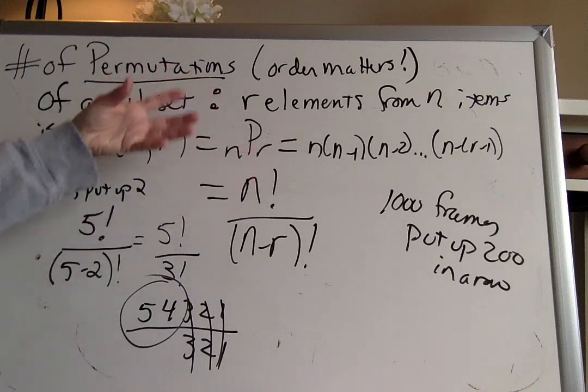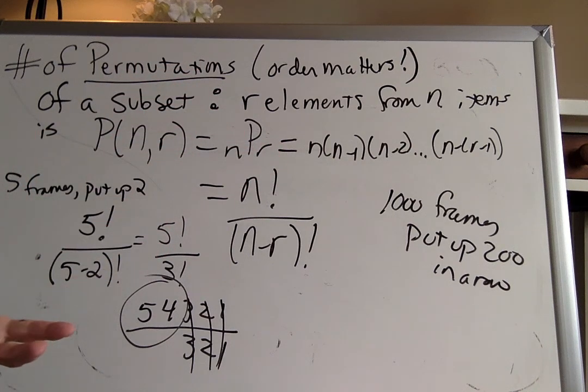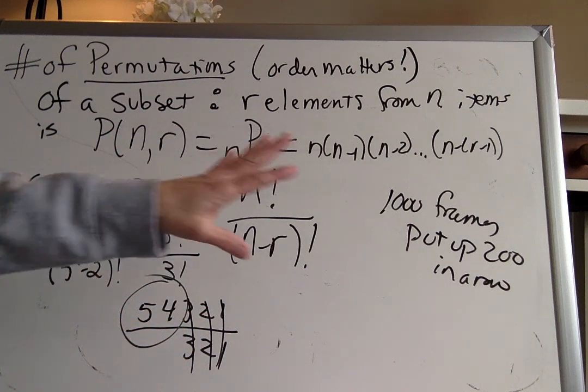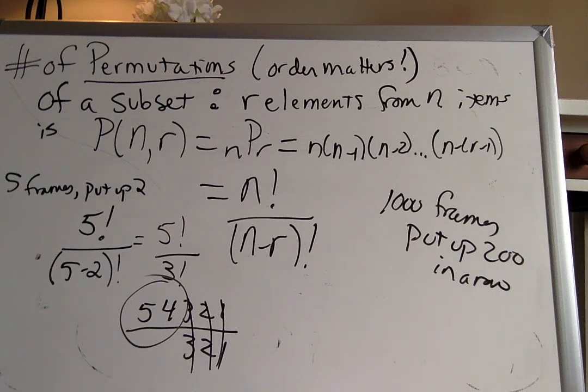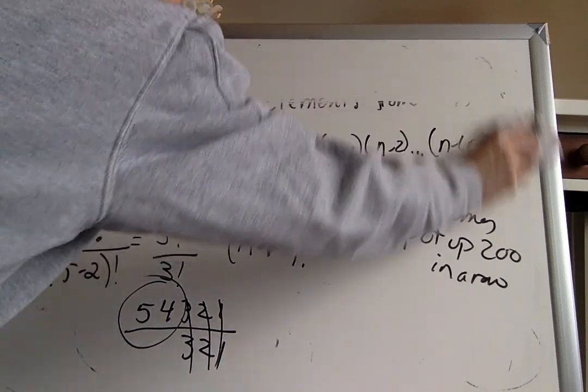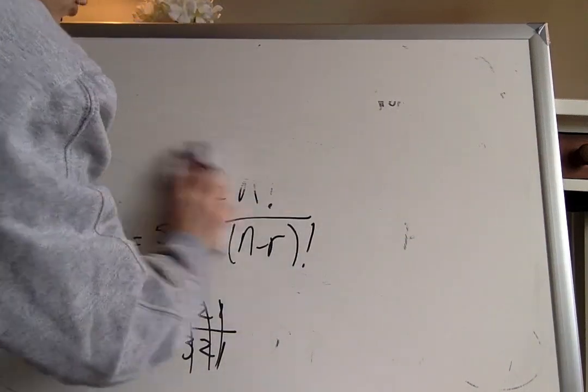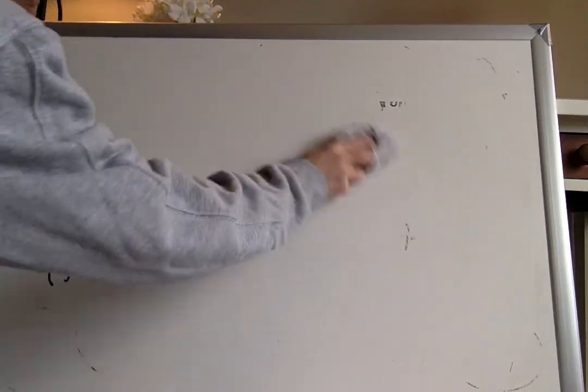But that's why these formulas are programmed into calculators and computers. Most of the time, though, it's overkill for us. Just putting our dashes and figuring out 5 times 4 is a much more efficient way. All right, let's do a couple of classic problems. They're usually arranging people to take pictures or books on a shelf or different things like that.